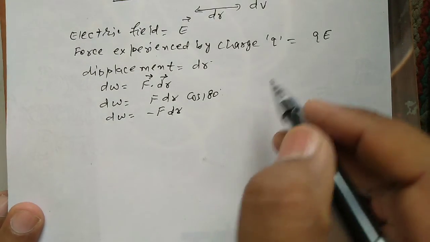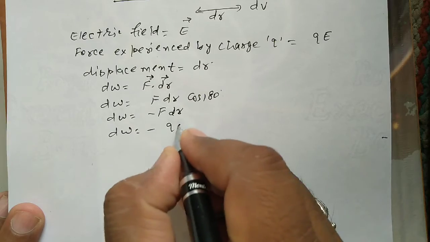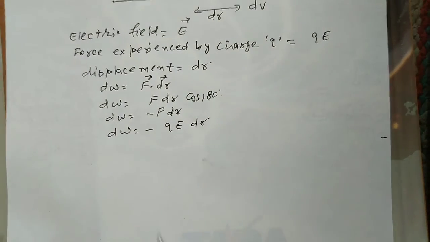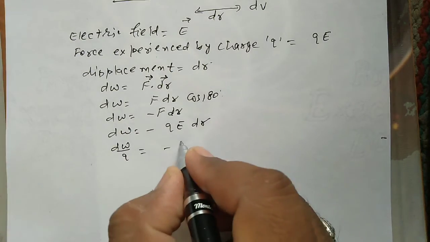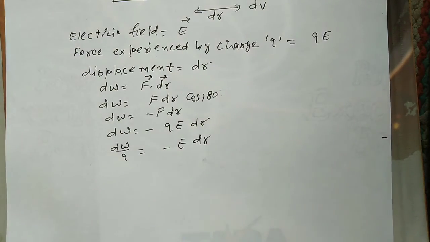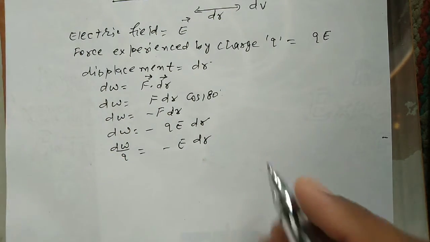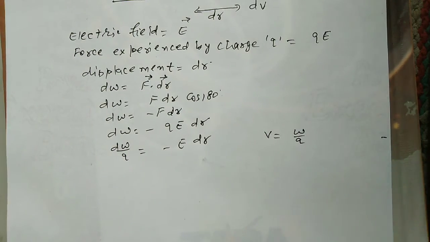Now put the value of force: dW equals minus qE dr. Now we can write dW upon q equals minus E dr. According to the definition of electric potential, potential is equal to work upon charge.